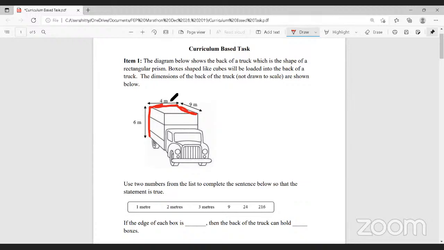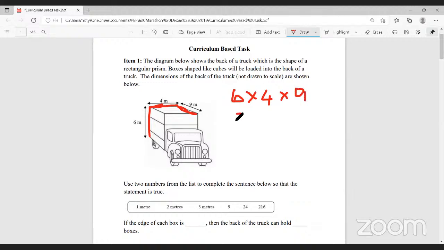So now that we have found the volume by multiplying the length by the width times the height, 6 times 4 times 9 meters, and that gave us 216 cubic meters. So I'm just going to put it here because that's how we find volume, by multiplying three dimensions.